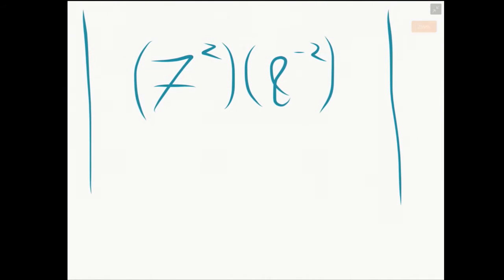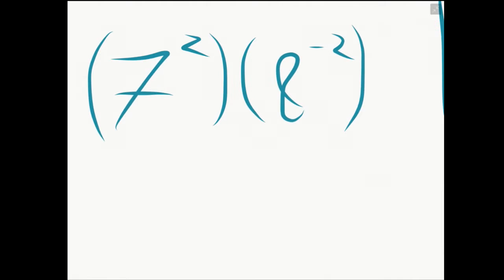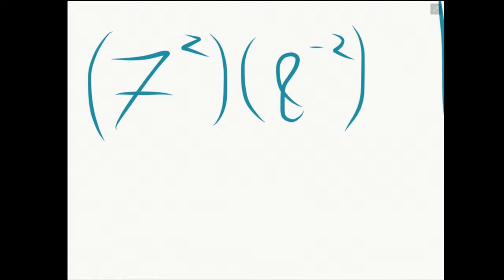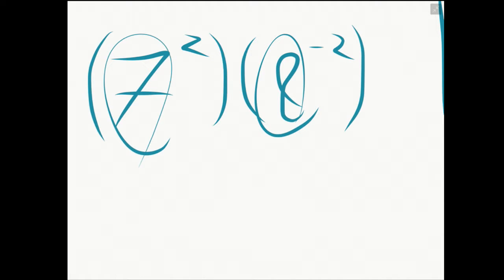Okay, so second rule in negative exponents: how could we represent this as a power with a single base? Yeah, okay, so that doesn't seem very possible. You would add the exponents if these bases were the same, and they clearly aren't. So what do you do?